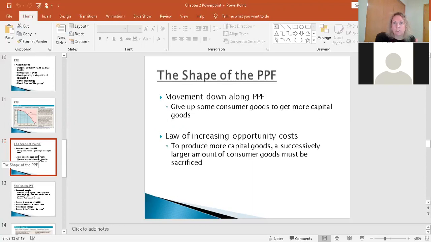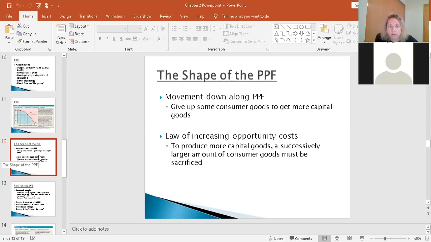So that's the thing about efficiency. It's like the 24 hours in your day. If you want to study more, you got to do something else less. If you want to work more, you got to do something else less, because you have the confines of this resource that is your 24 hours in a day, right? It's the same for an economy's pool of resources. You have to give up something in order to gain if you're already being perfectly efficient, okay?